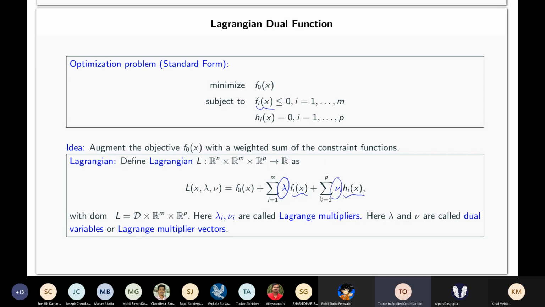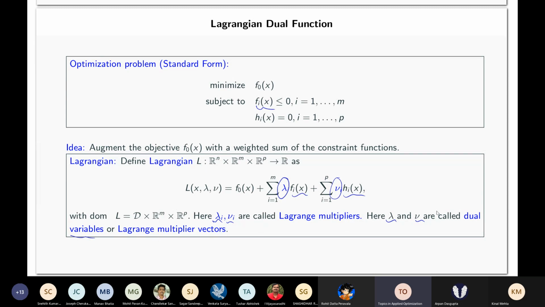A more general Lagrangian in the case of inequality as well as equality constraints will look like this. Here lambda_i and nu_i are called Lagrange multipliers, and lambda and nu are called the dual variables or Lagrange multiplier variables.